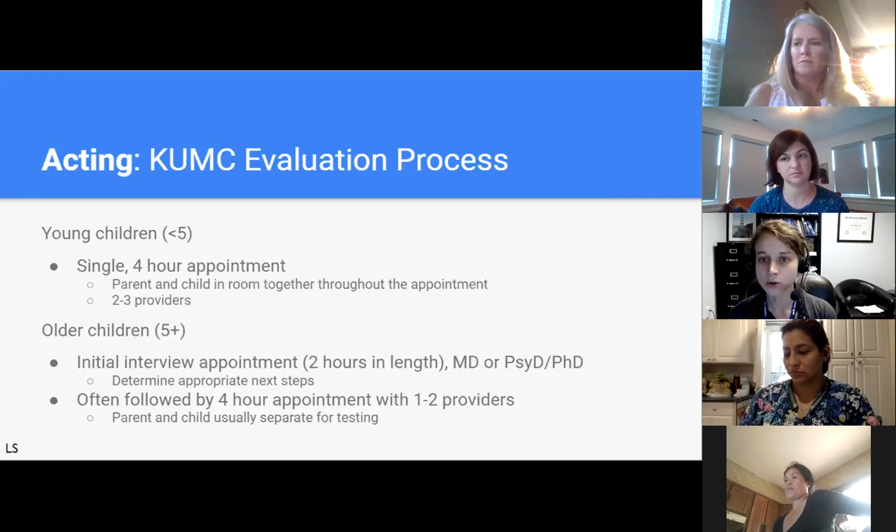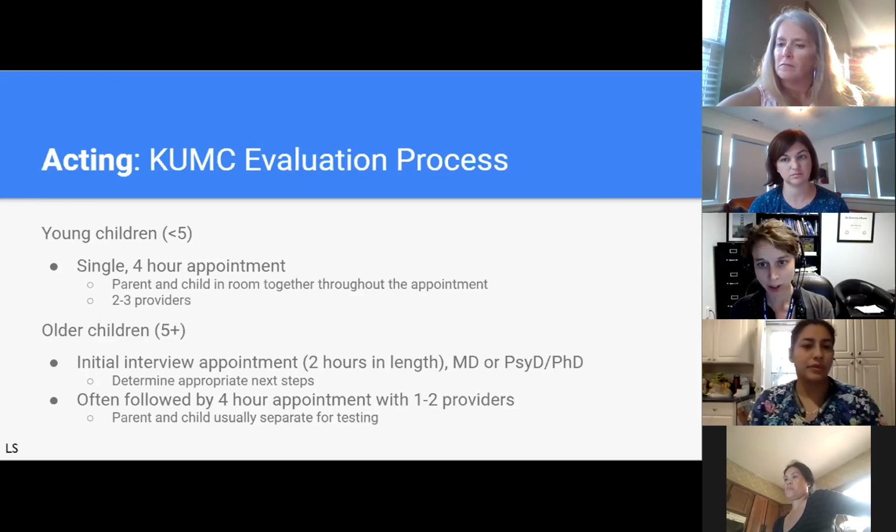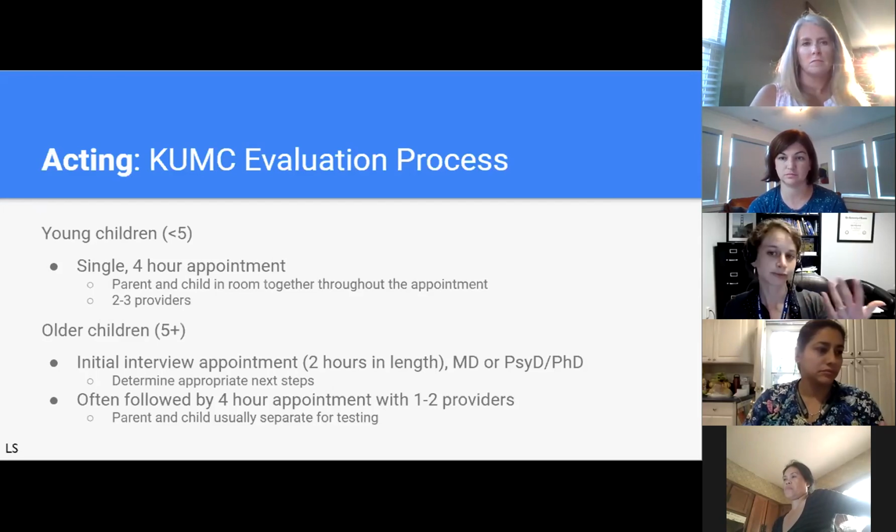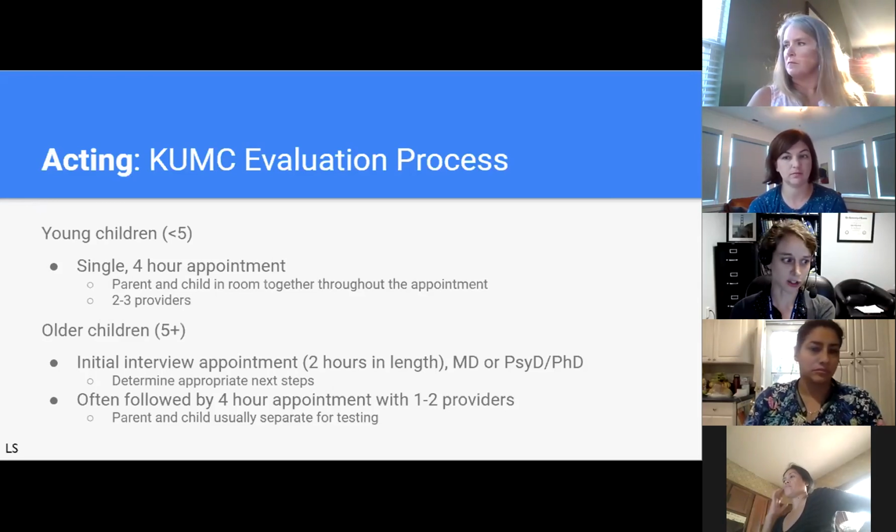We can also do some helpful triage and say, yes, this sounds like it really could be autism, I'm going to refer you to the next step for more evaluation. Or we can say, no, what I'm hearing sounds a lot more like depression or anxiety or something else, and let's get you started with some treatments for that. So we're helping along the way to start getting some recommendations going.